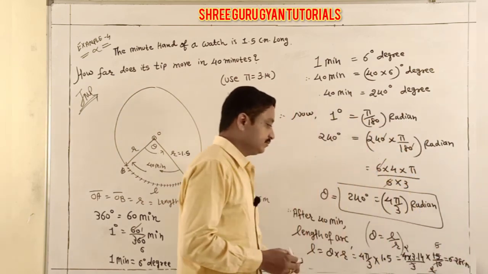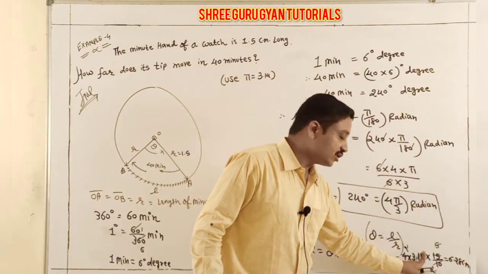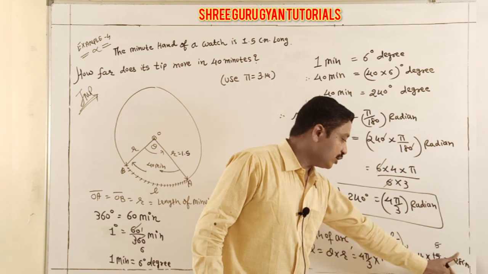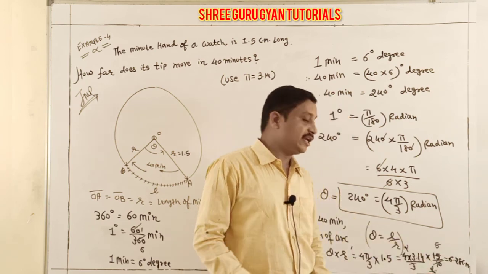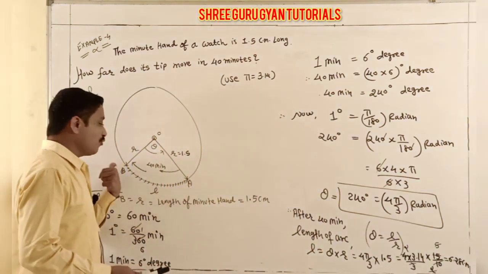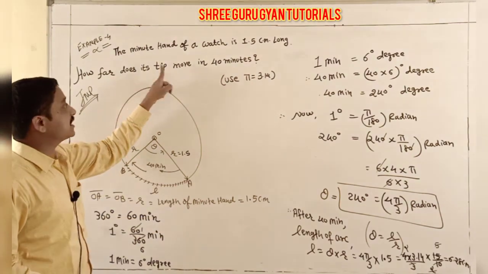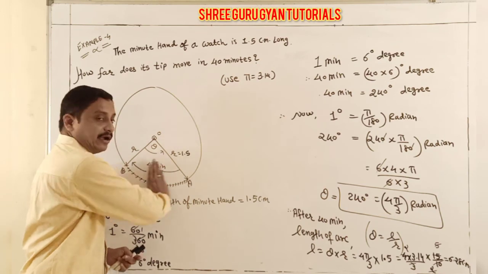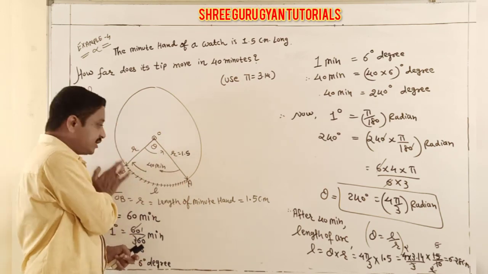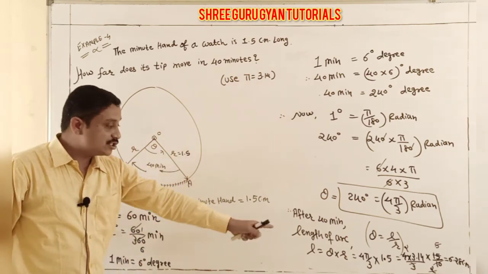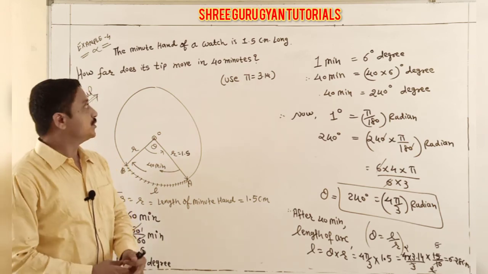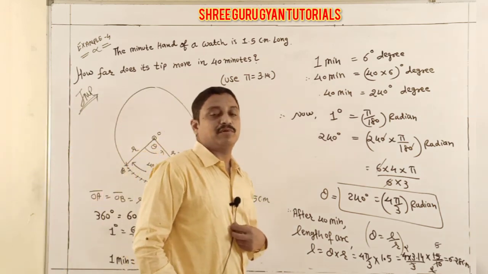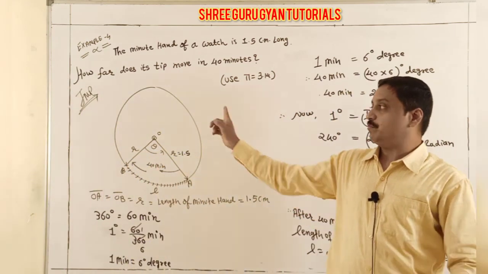That's my length of arc. It means in 40 minutes the minute hand moves from A to B, and this length is the answer. Yes students, example 4 is a very important IIT question.